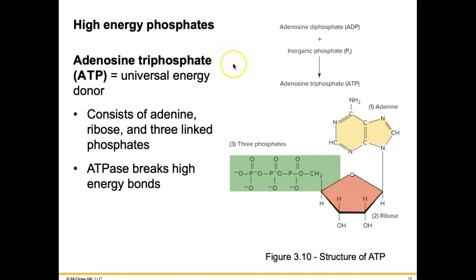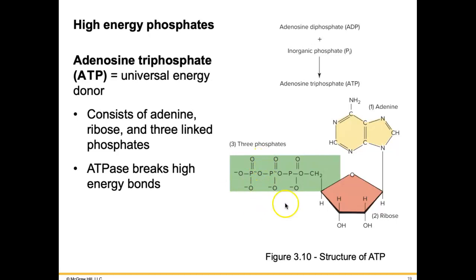Our energy currency within our body is adenosine triphosphate, or ATP, and we can see the full molecule over here. It consists of an adenine molecule, a ribose sugar, and then we've got 3 linked phosphates. And of course, as we break off those phosphates, we're going to release energy.